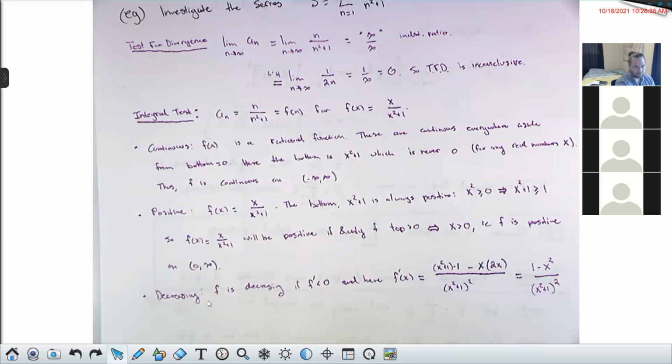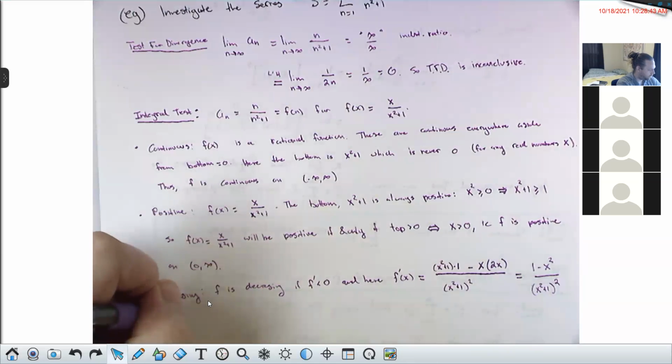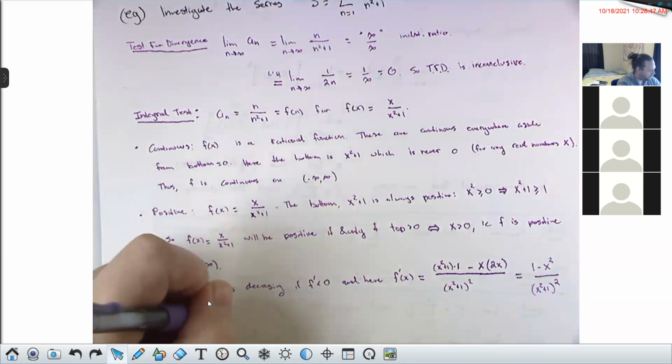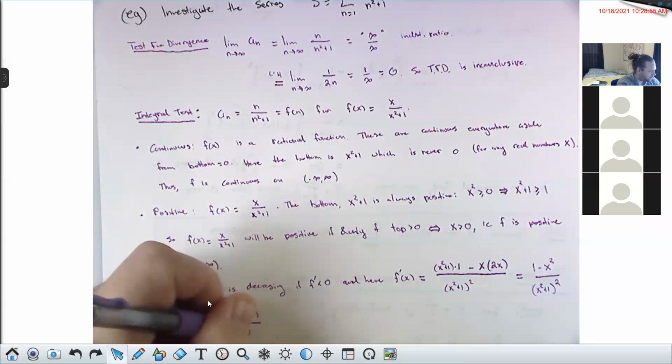So this is my derivative. Let me continue this over here. f prime of x is 1 minus x, I'm going to factor the top, times 1 plus x, the bottom doesn't factor, over x squared plus 1 all squared.